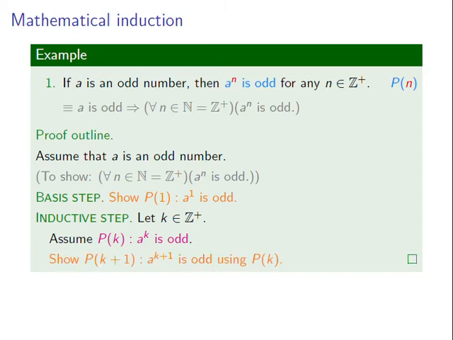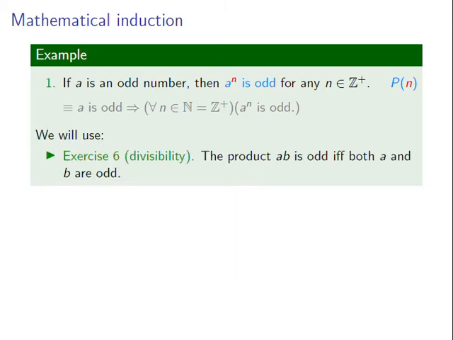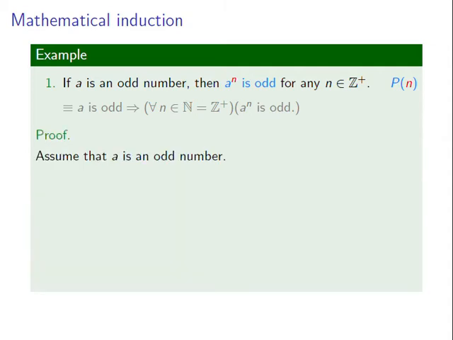We need to show P of k plus 1, which is the statement a raised to k plus 1 is odd, using the condition that a raised to k is odd. A useful result is exercise 6 from divisibility, which states that the product of two integers is odd if and only if both factors are odd. We now show the proof.